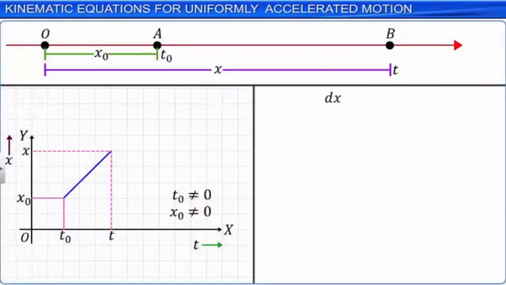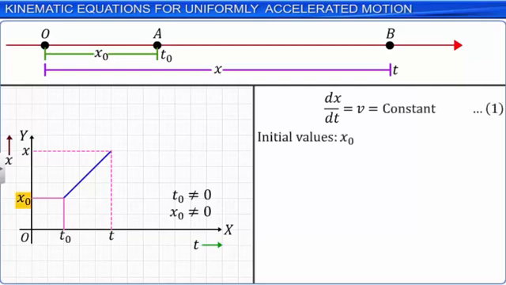dx by dt is equal to v, which is a constant. Initial values are x naught, t naught. Final values are x, t. Cross-multiplying equation 1, we get dx is equal to v into dt.